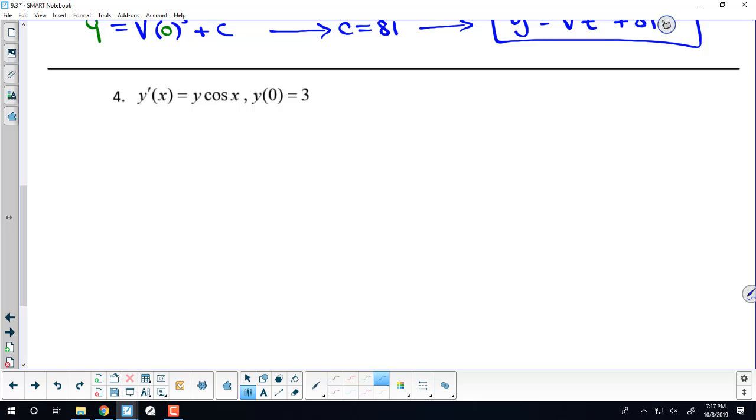So you want to multiply by 1 over y or divide by y first? Then integrate with respect to x.